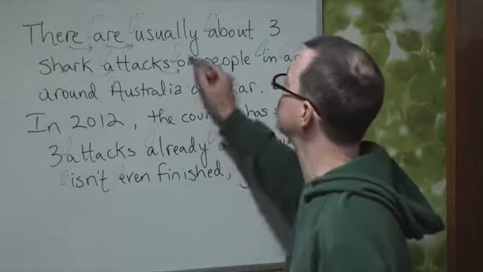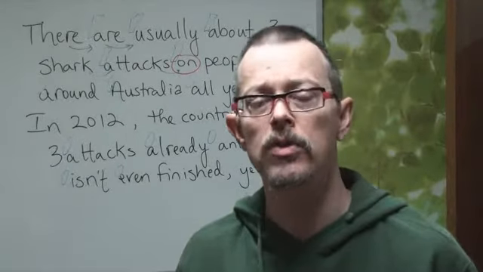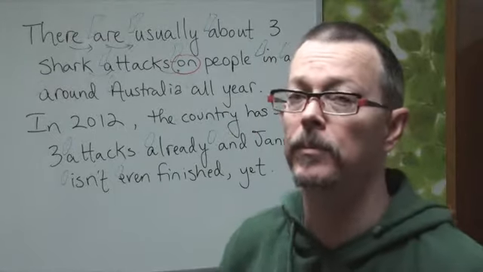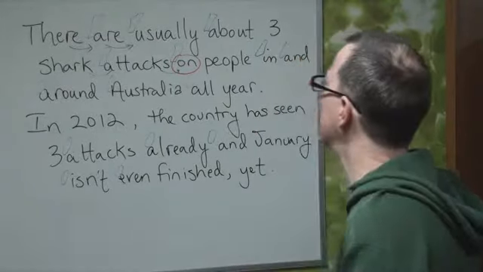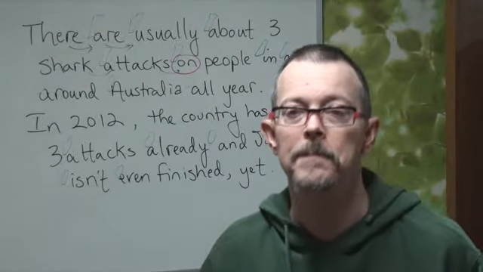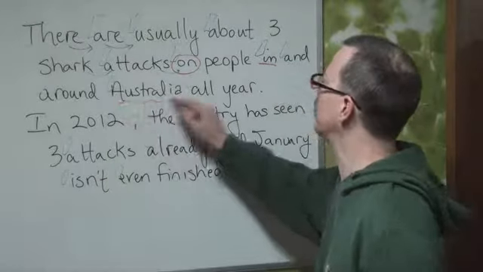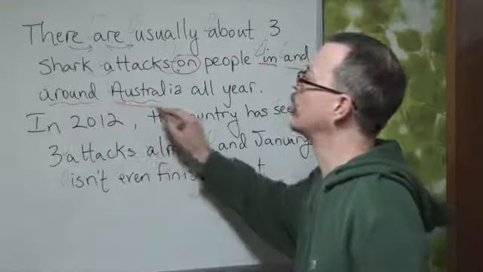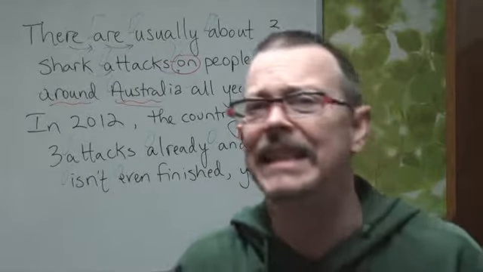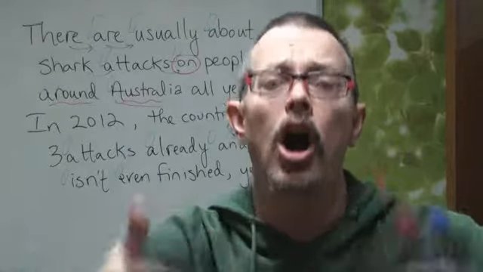Remember, American pronunciation, we say on. We don't say on, no, we say on. Shark attacks on people. There are usually about 3 shark attacks on people in and around Australia. In and around Australia. In Australia and around Australia. So, in Australia, actually, that doesn't make sense because the shark attacks are off coast.